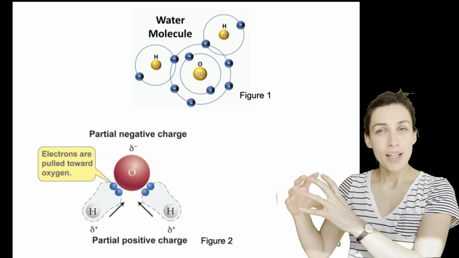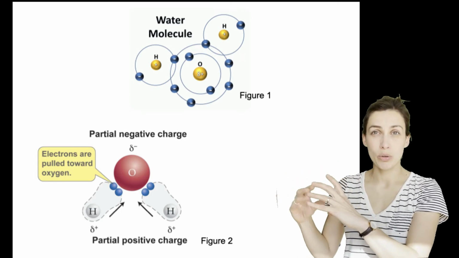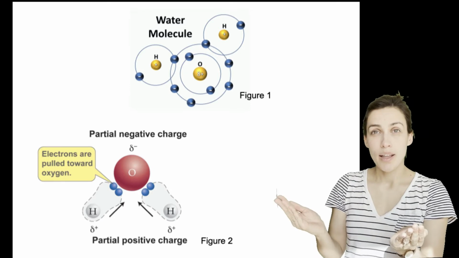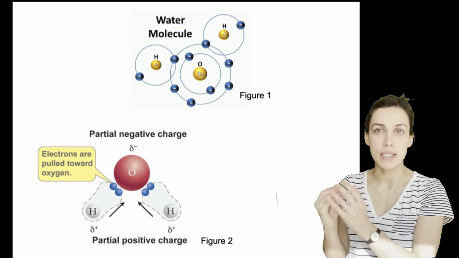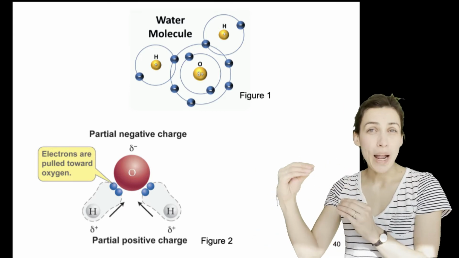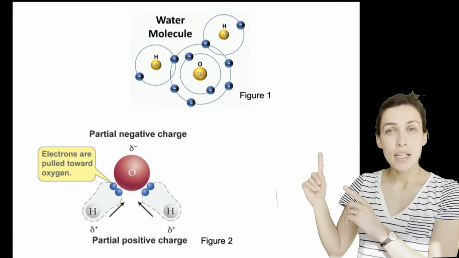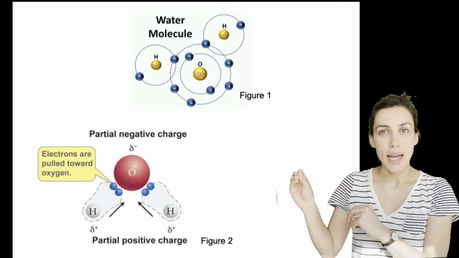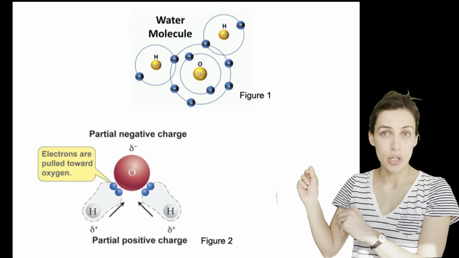So although the number of positive and negative charges of this water molecule is equal, that charge is not distributed equally throughout the entire molecule. There's a crowding of the electrons closer to the oxygen end. And in this diagram, lowercase Greek letter delta is representing this partial charge.